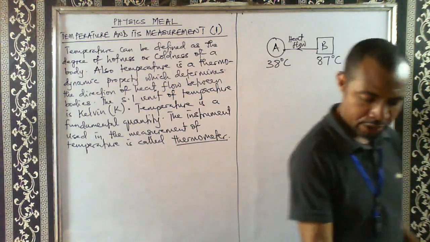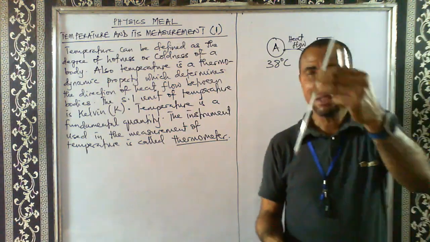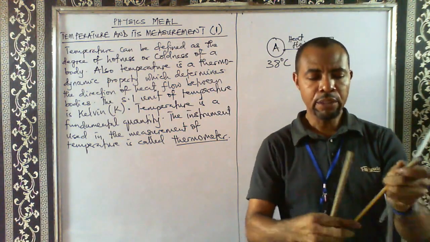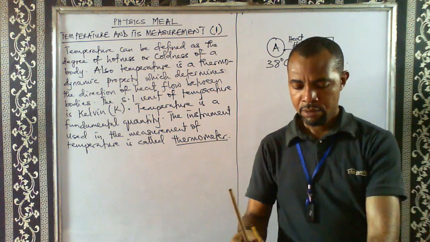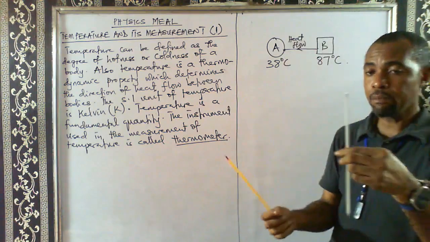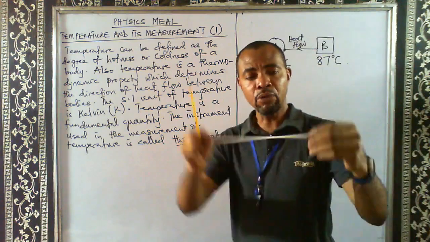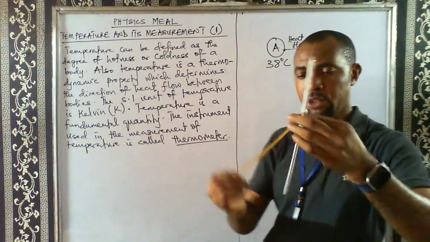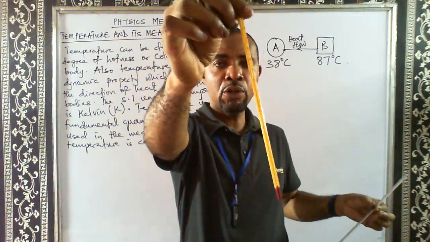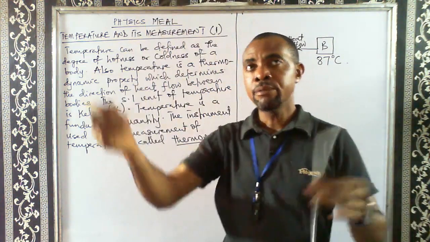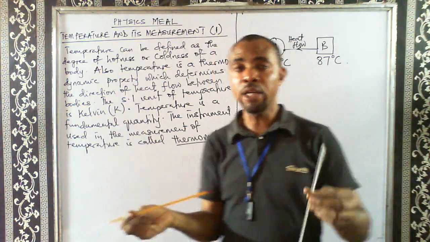I think I have some here. And this is a thermometer. That's a thermometer. And there's another one here. This is also a thermometer. We're going to see how we use them in measuring temperature in one of our practical classes. So you can see that that's a thermometer. This is also a thermometer. This one is colored. The liquid inside is colored, telling you that the liquid is not mercury anyway.